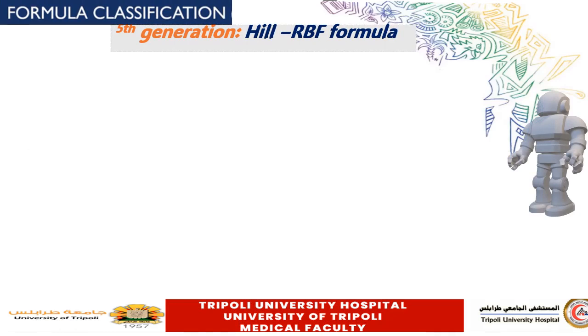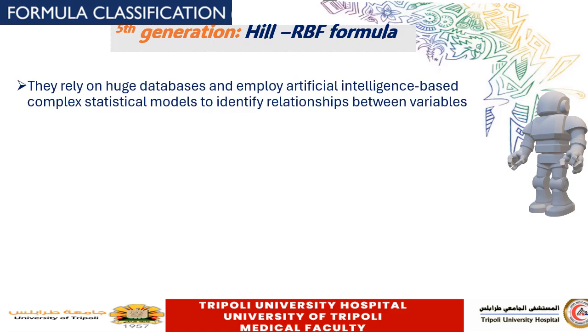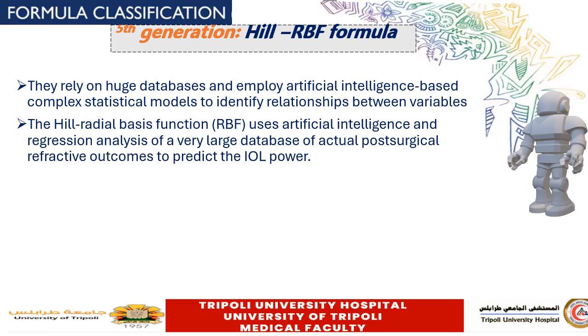A brief background about the utilization of artificial intelligence in the Hill-RBF formula. Initially, the field of artificial intelligence was inspired by many doctors and scientists, especially in the United States, Los Angeles and Boston.